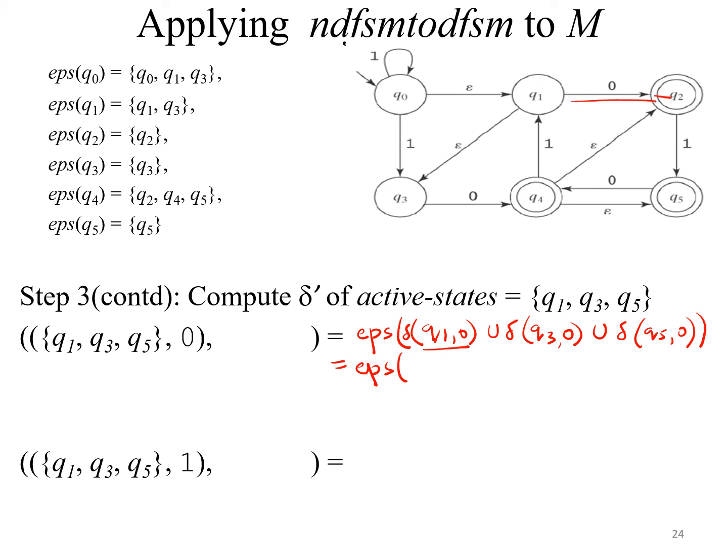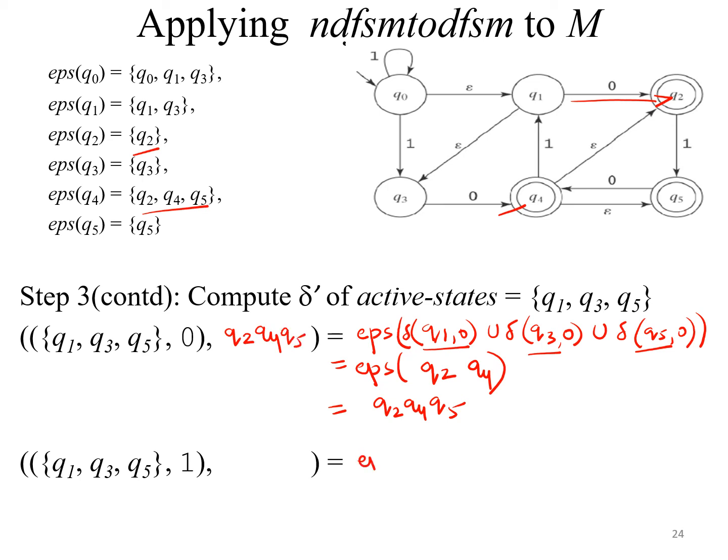Q1, 0 goes to state Q2, Q3, 0 goes to state Q4, and Q5, 0 goes to state Q4. So EPS of Q2 and Q4 is Q2, Q4, Q5. So Q1, Q3, Q5 on 0 goes to Q2, Q4, Q5.